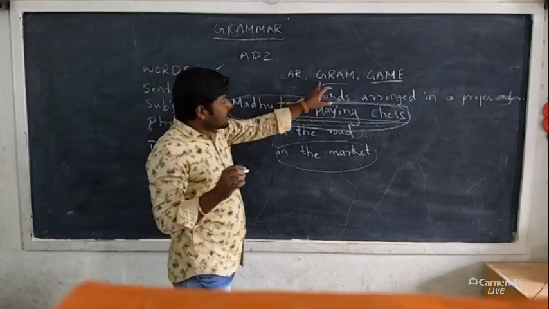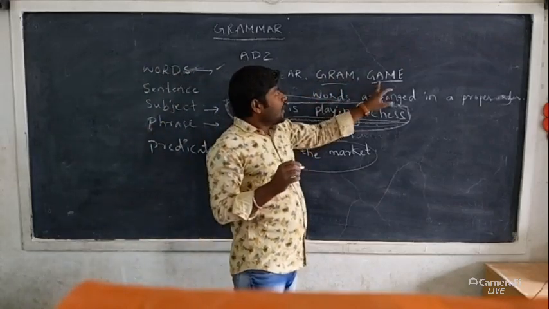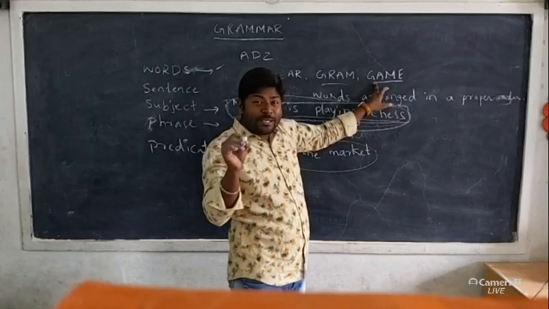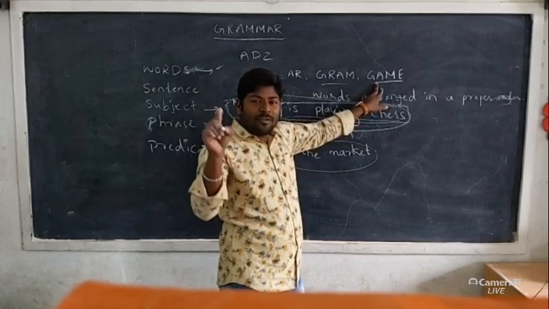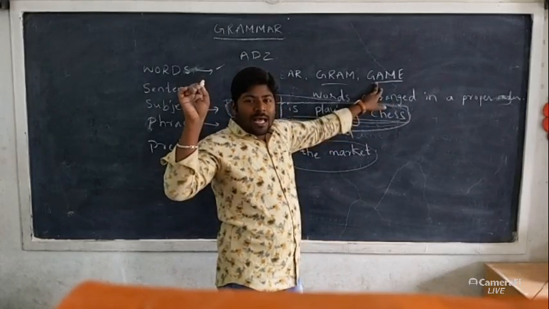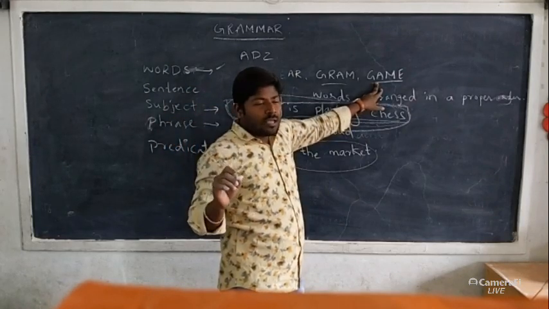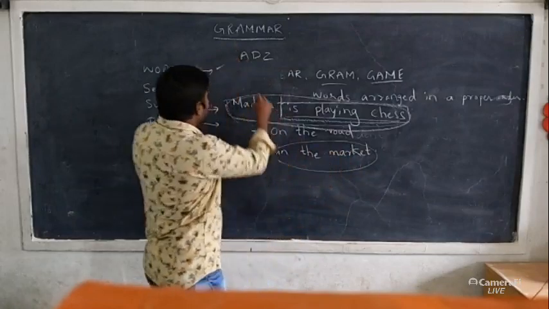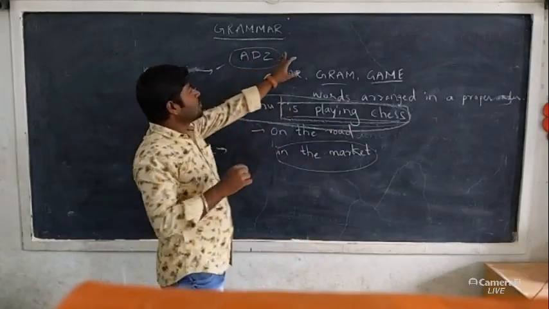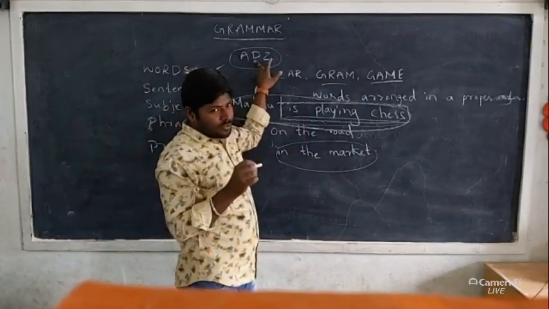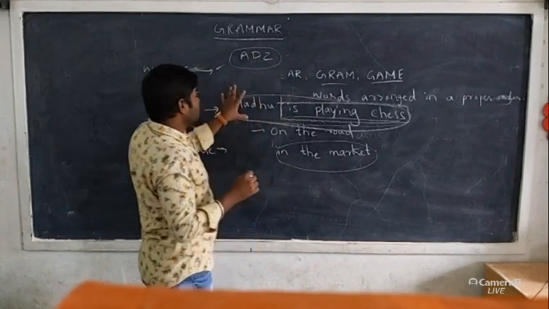A group of letters arranged in a meaningful order. If the group of letters has a meaning, then only it is called a word. If there is no meaning to it, it is not called a word. So let us learn.